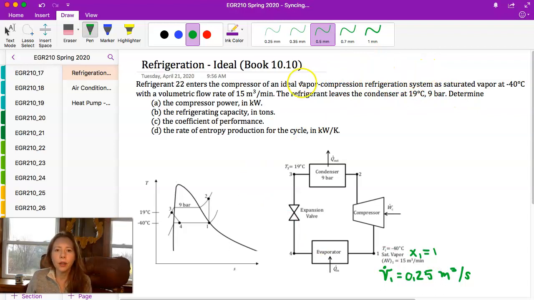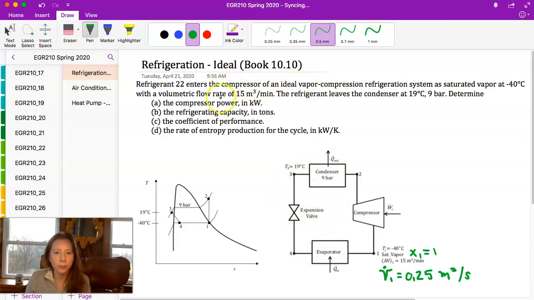And the refrigerant leaves the condenser at 19 degrees Celsius. So we're going from the compressor through the condenser, and the condenser holds constant pressure at 9 bar. We get out at T3 is 19 degrees Celsius. And then we go through an expansion valve, which is a throttling device, and we'll talk about that more a little later.